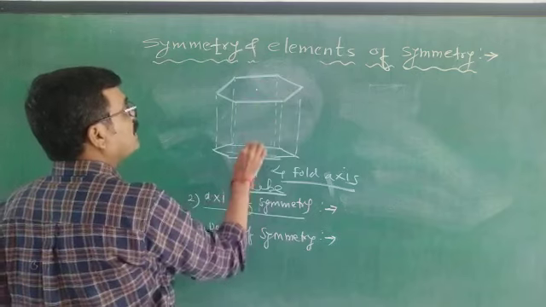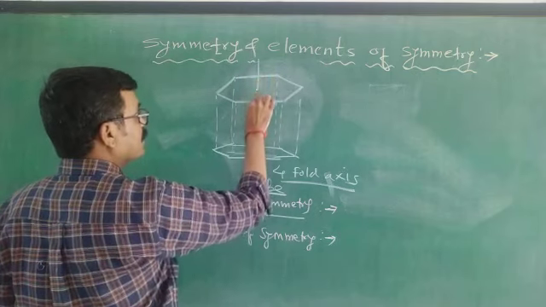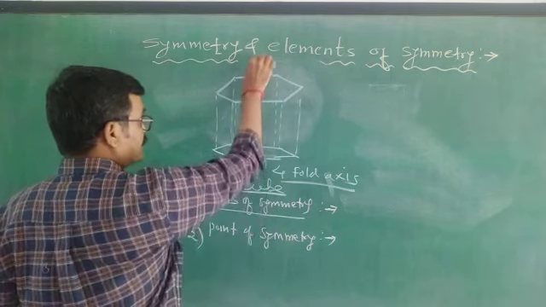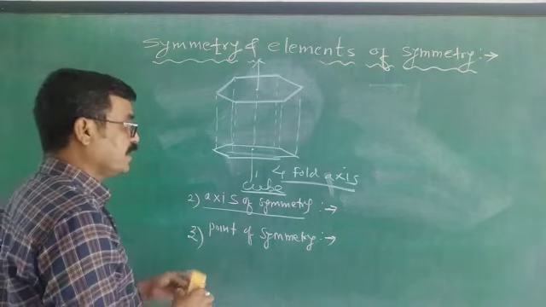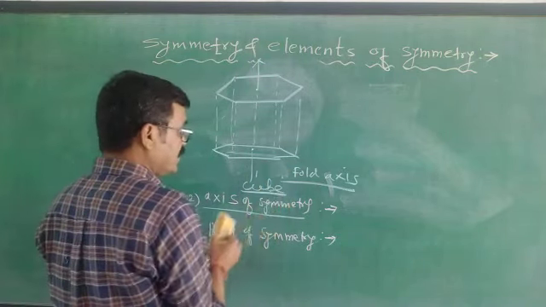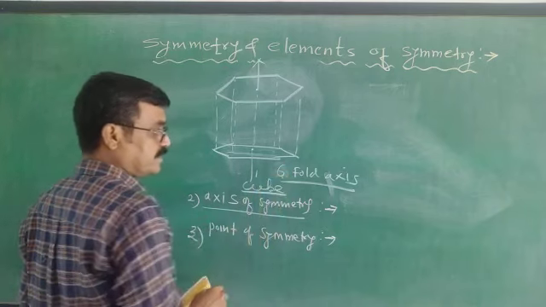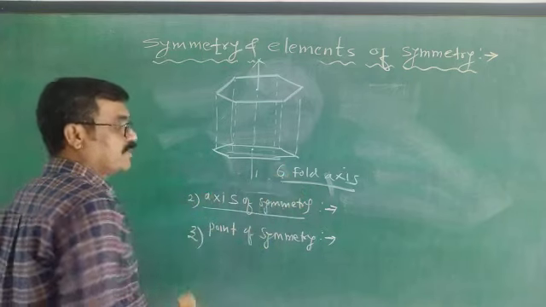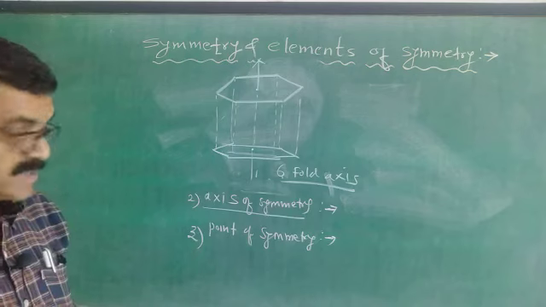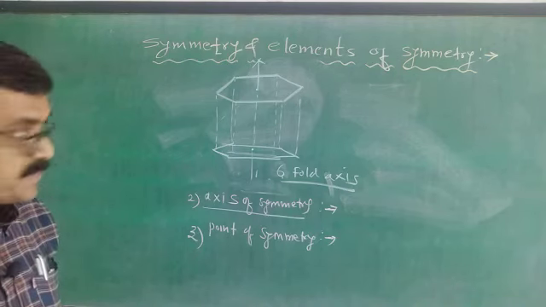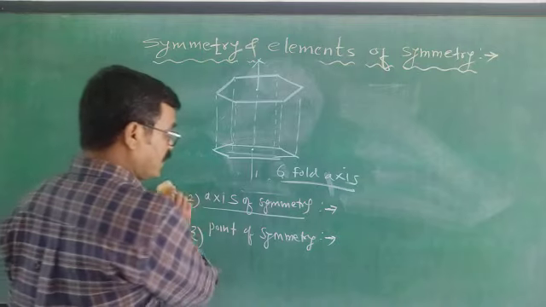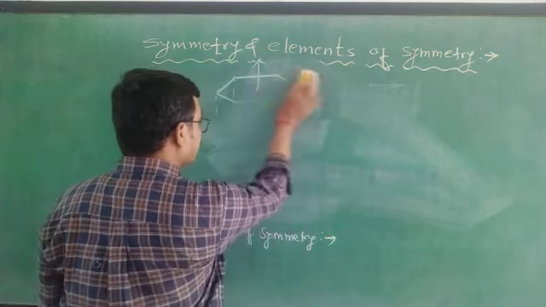Okay, and pass the axis through this. How many times? If it rotates with 360, then how many times does it reproduce? It has a 6-fold axis of symmetry. Okay, now in this way, this is about axis of symmetry. What is axis of symmetry? Axis of symmetry is an imaginary axis passing through which the structure can reproduce when it rotates through 360.